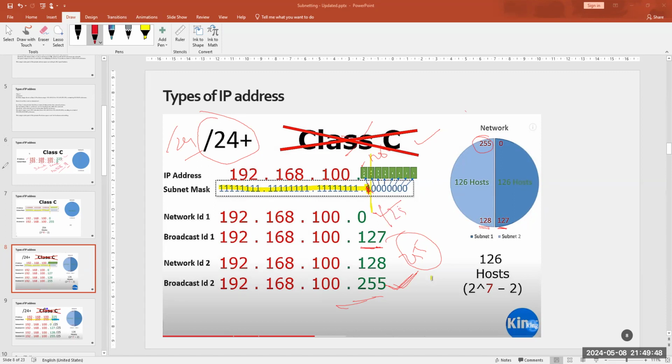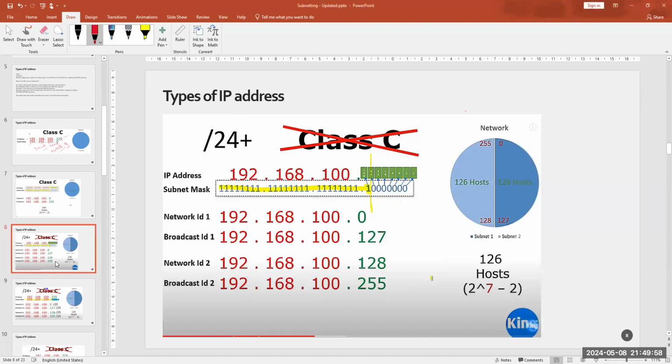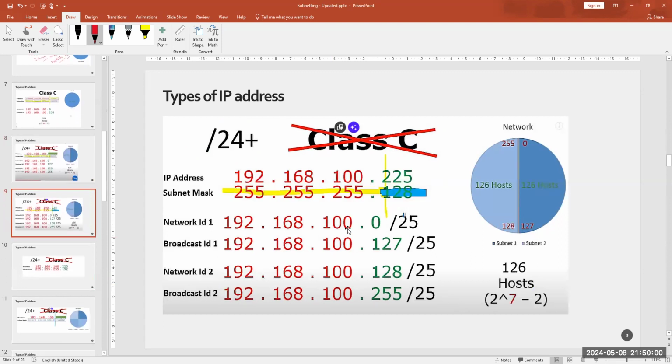Right? Now clear? Yes, absolutely clear. Yes or no? Yes, yes. Okay. This is again /25, /25.